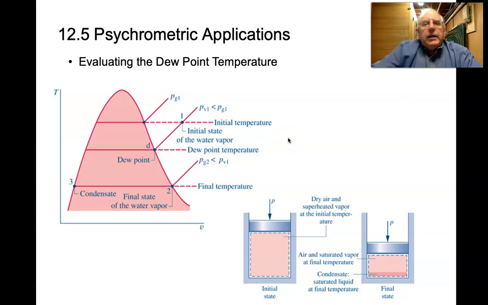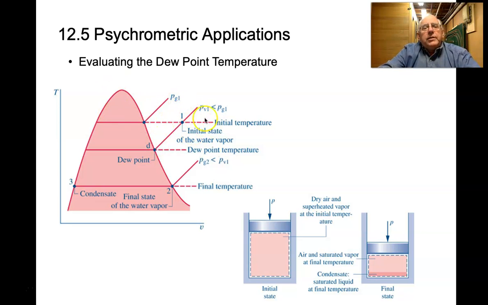Okay, with that in mind, let's define a couple of other terms. One of the terms we want to define is the dew point temperature. Basically, if you have a water vapor and dry air mixture at a given temperature and pressure, one would be at a certain point on the T-v diagram for the water.